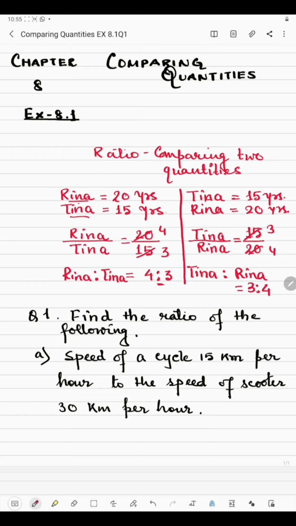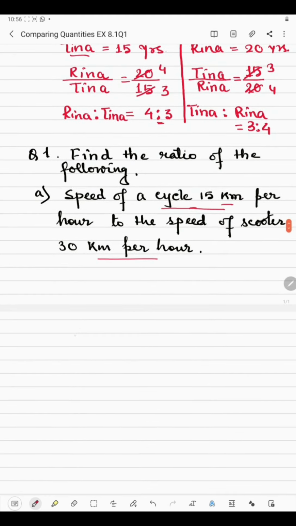So in the first part, we have speed of a cycle 15 km per hour to the speed of scooter 30 km per hour. Here speed of cycle is given at first, so we will write speed of a cycle in the numerator, and speed of scooter in the denominator.